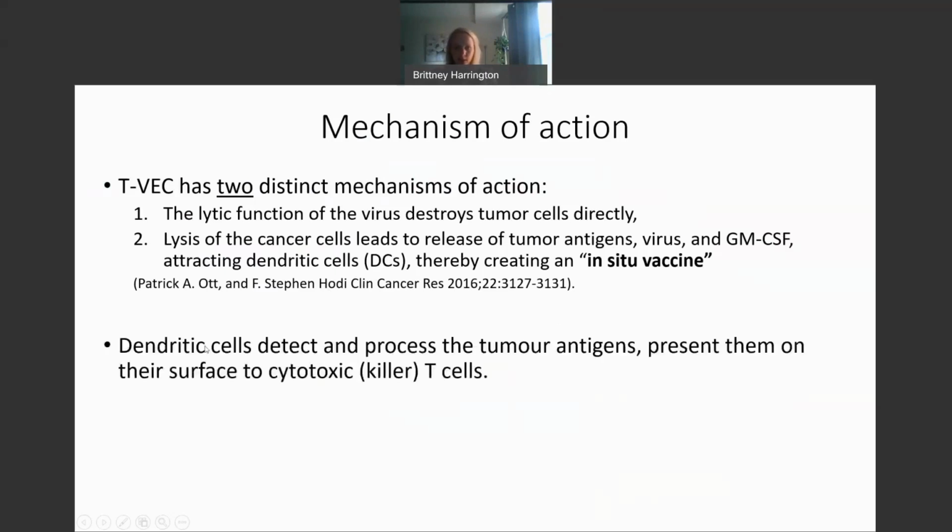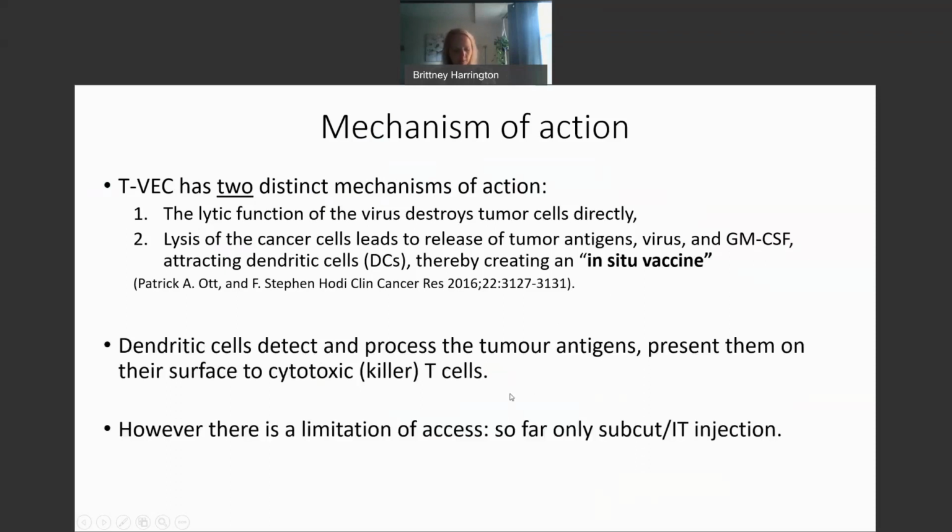The dendritic cells, full of antigen, go to present them in the lymph node to the T cells to cause a response. The only limitation so far with this kind of therapy is access. This can't be given systemically for obvious reasons. It's not targeted, and HSV is quite infectious. So if you gave a systemic dose of this oncolytic virus, it would lyse any cells.